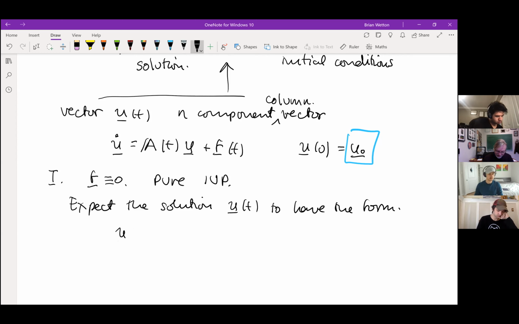Well, I want to get U of t. I know it depends linearly on the initial conditions, right? If I multiply U0, this whole vector, by 2, then the solution will get multiplied by 2. And let's just remember, this has n components. This has n components.